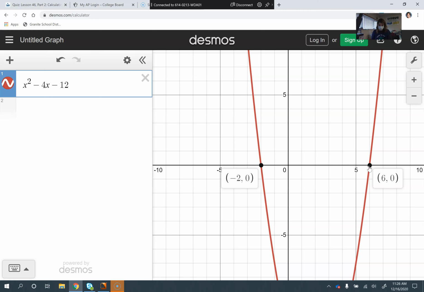Do I want to do this number 6? Let's change the denominator. Let's do x squared plus 7x plus 12 in the denominator instead.